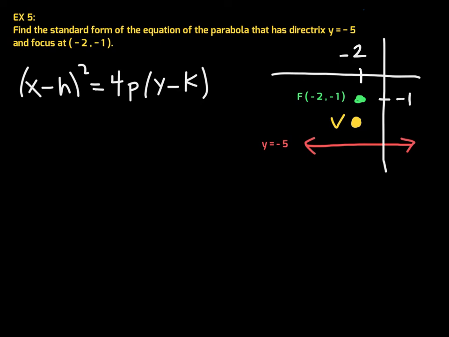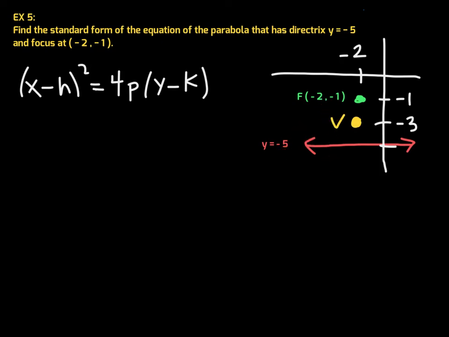And if this is -5, okay? -1 to -5, what is right in the middle between -1 and -5? -3, that's right. -3 would be right in the middle between the y-coordinate of -1 and the y-coordinate of -5.